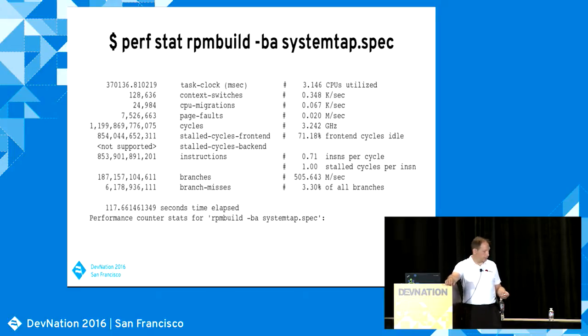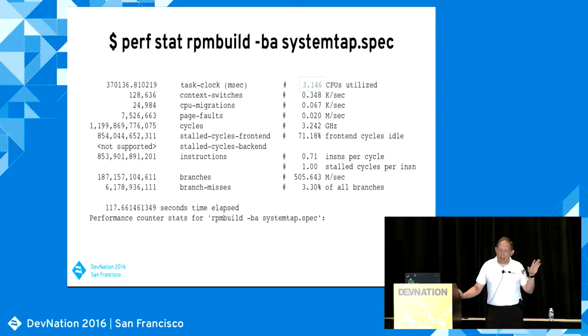Okay? And what we see at the top left is a number which is basically how many milliseconds of CPU time was used. So we see that it's 370,000 milliseconds of time. And given that number and the wall clock time, it comes up with an estimate of how many CPUs are being used on average. Okay? So over that duration of the build, it was keeping 3.1 CPUs busy on average.